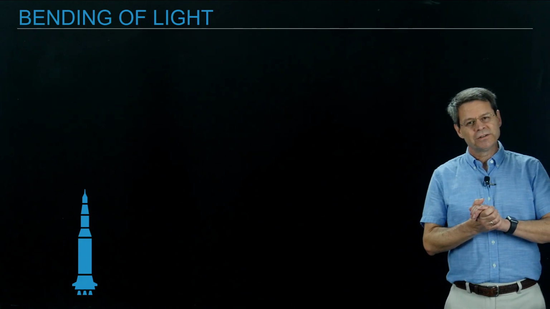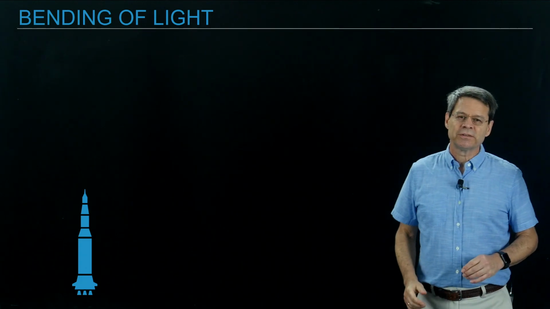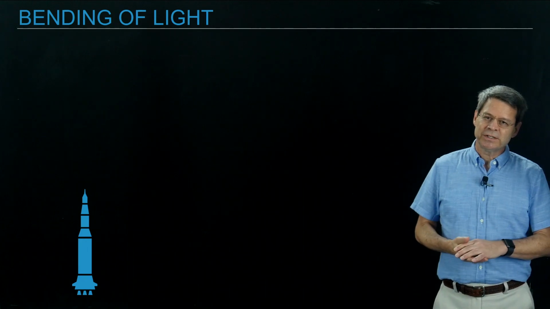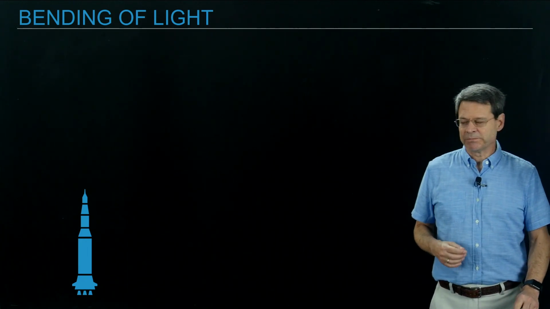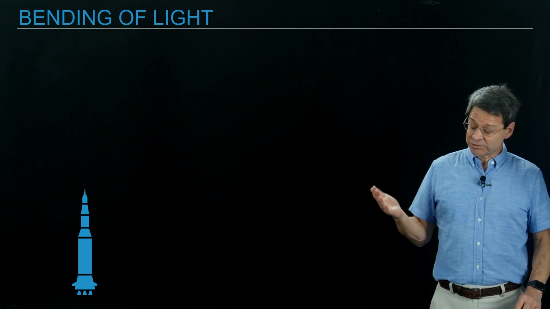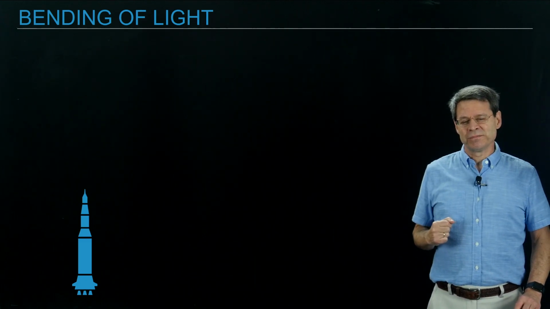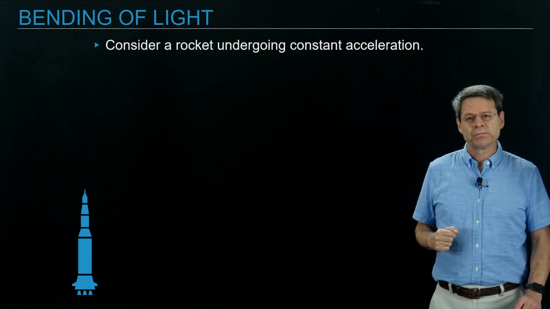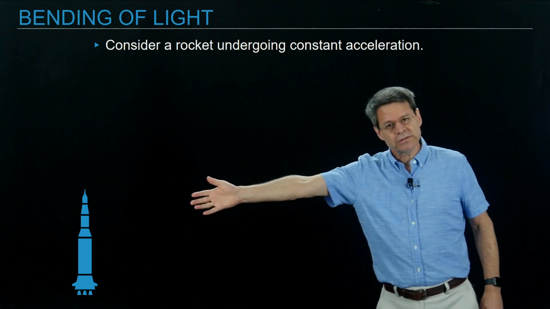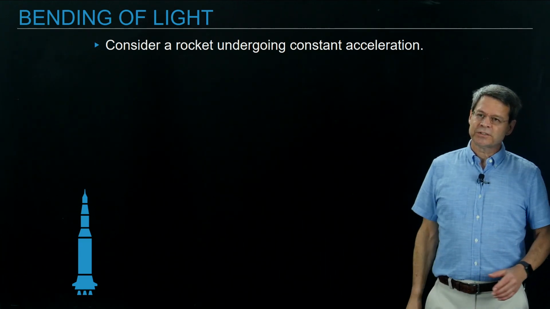In particular, it turns out that means gravity can bend light. Now let's understand how we can understand that concept by using this equivalence between gravitation and an equivalent acceleration. So let's consider a rocket that undergoes constant acceleration a.